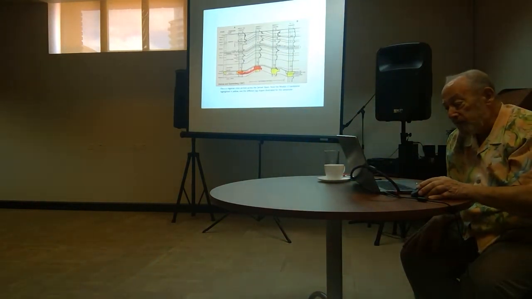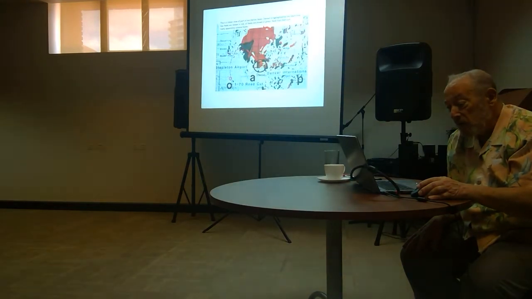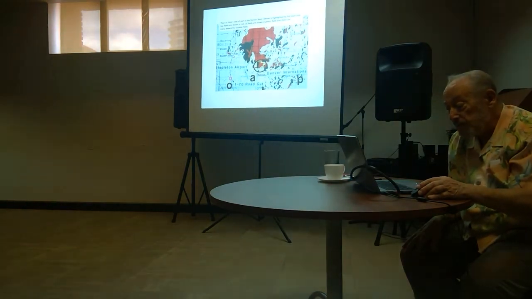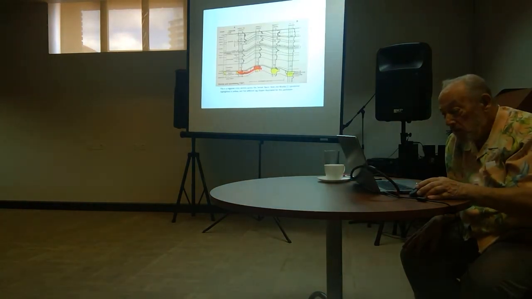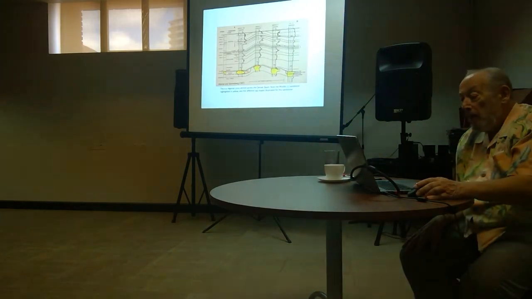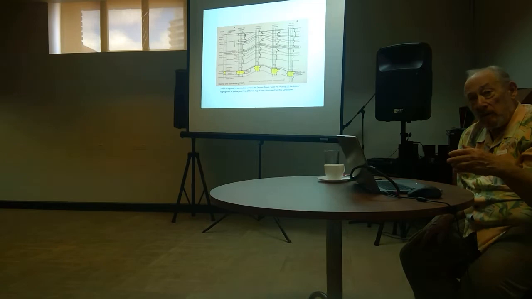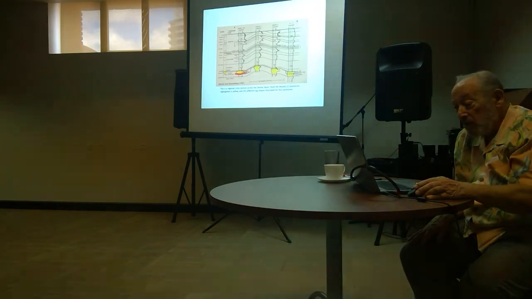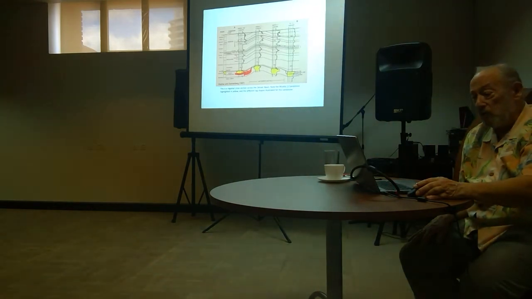But now, with our interpretations that are more realistic, now that we know about these incised valleys, we can make the proper interpretation. That's an incised valley, and the surface of that valley is somewhere between the two wells.